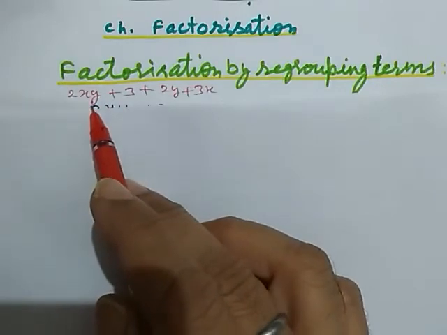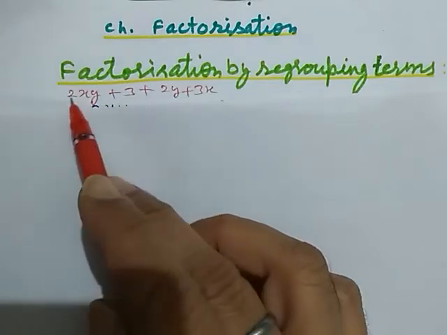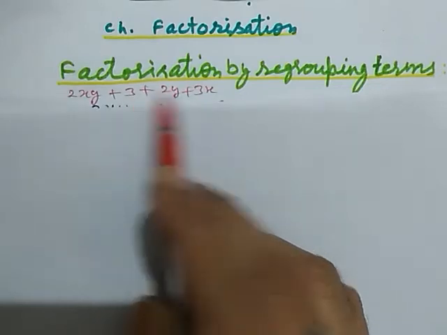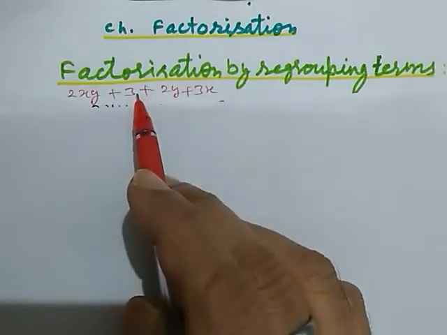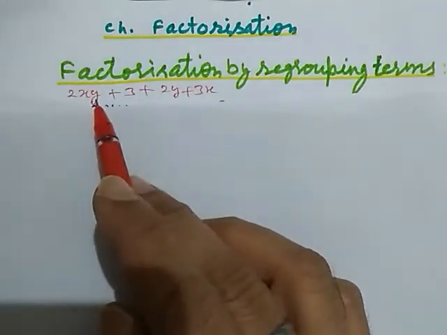Here we can check, is there anything common in two terms? Here in 2xy and 2y, 2 is common, and in this 3 and this 3x, 3 is common. So if we regroup them, then we may take common.